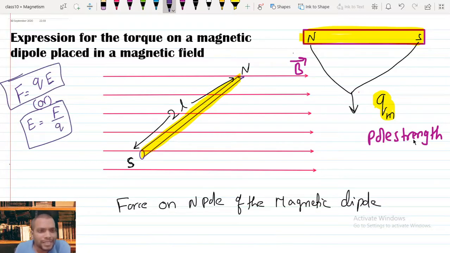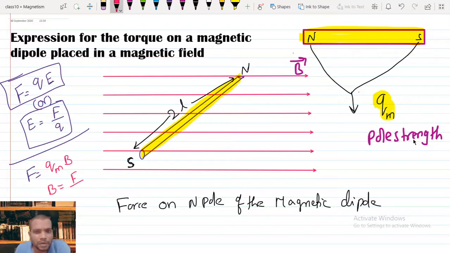If we do the same analogy for the magnetic field, to get the force F, in the place of Q we need magnetic pole strength, and in the place of E we need magnetic field B. Or I can write the relation: magnetic field B equals force per magnetic pole strength, B equals F by Qm.